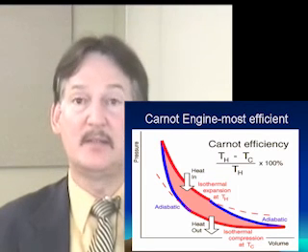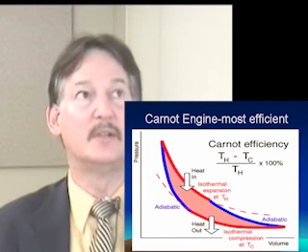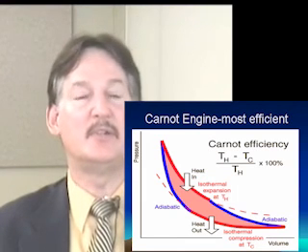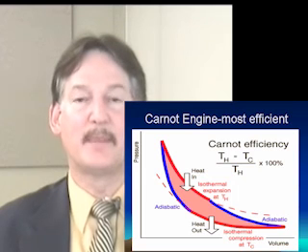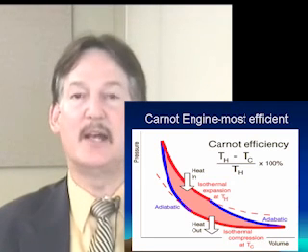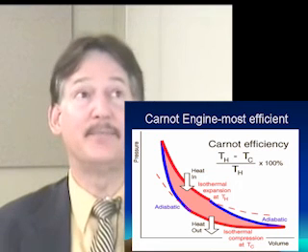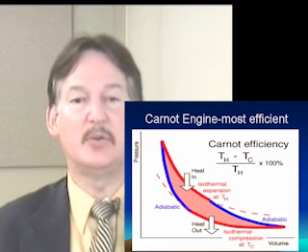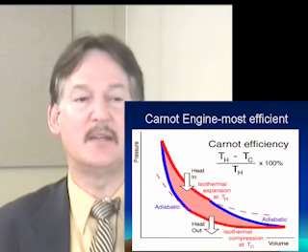Based on the analysis of this cycle, Carnot found that the efficiency of this heat engine could be determined by the difference in the temperature of the hot side, the heat inside, minus the temperature of the heat outside, or the cold side, divided by the hot side.